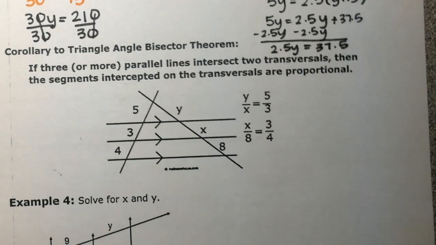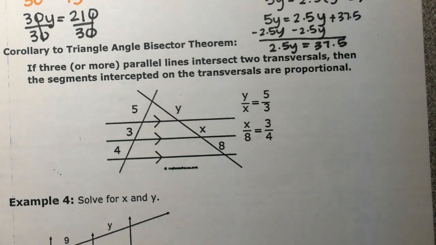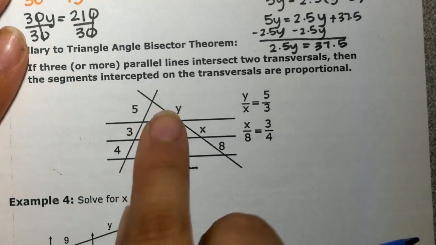All right, now, a corollary. It's the same exact concept, but the picture is a little different. If 3 or more parallel lines intersect two transversals, then the segments intercepted on the transversal are proportional. So it's kind of the same concept here.